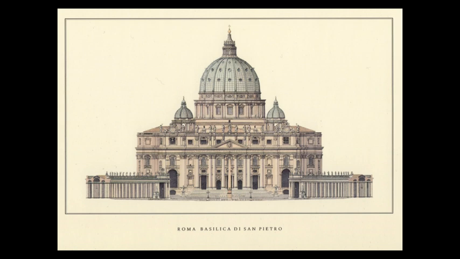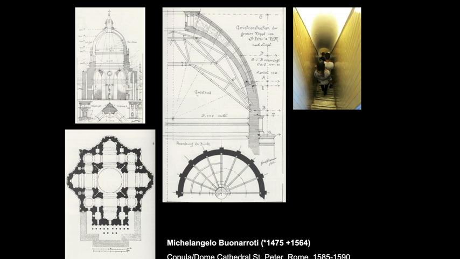Well, Michelangelo was, so to speak, a coeval of Mimar Sinan. He lived between 1475 and 1564. And, well, he didn't design the whole cathedral, but he designed the dome of St. Peter.